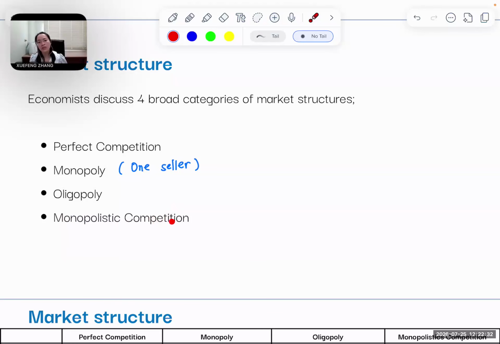There are many sellers, but each one's product is slightly different, slightly branded. Think coffee shops in Chiang Mai, dozens of them. But you might prefer one over another because of taste, vibe, or location. So their product is slightly different.